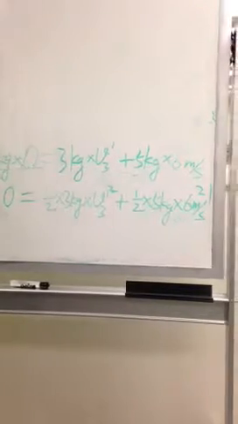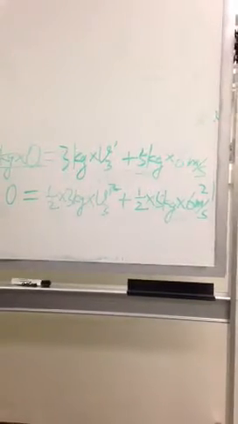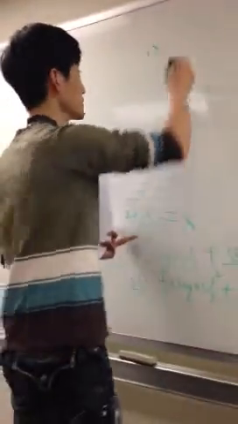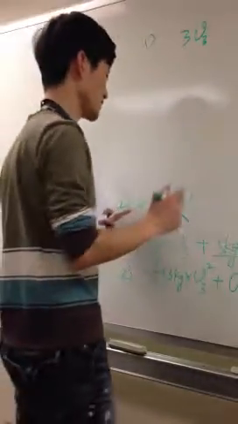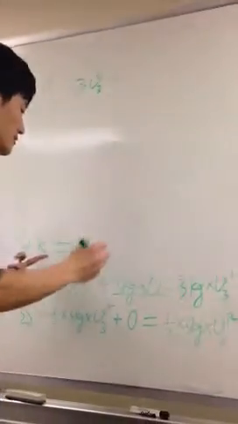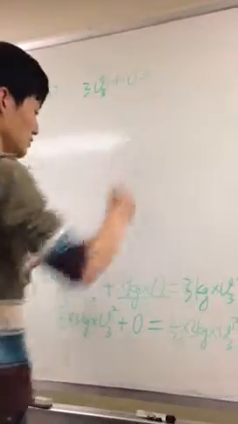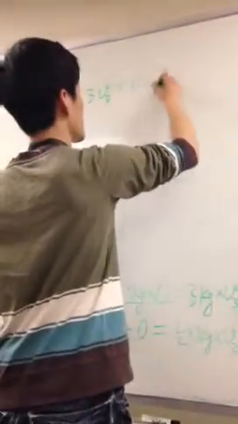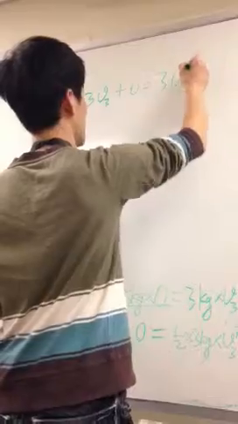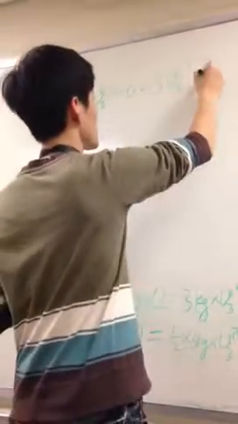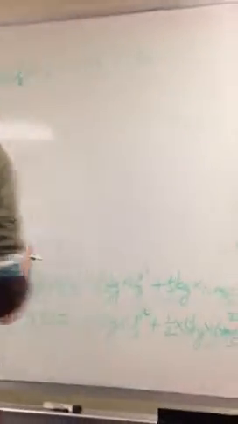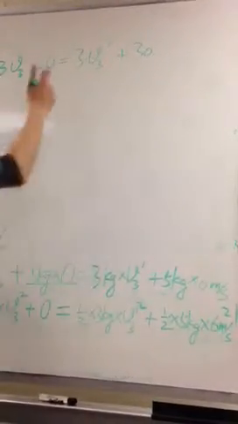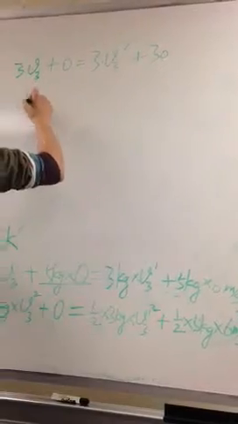Let's simplify these two. The first one will be 3 times the initial velocity of this 3 kilogram object, plus 0, is equal to 3 times the velocity afterward, plus 30, since 5 times 6 is 30. And then we can further simplify it.